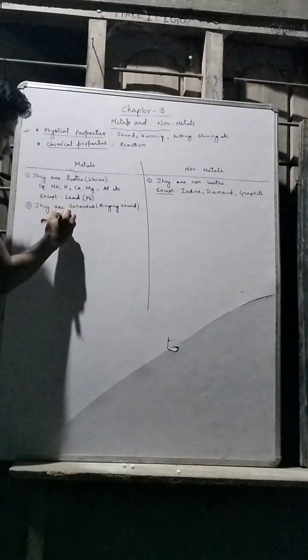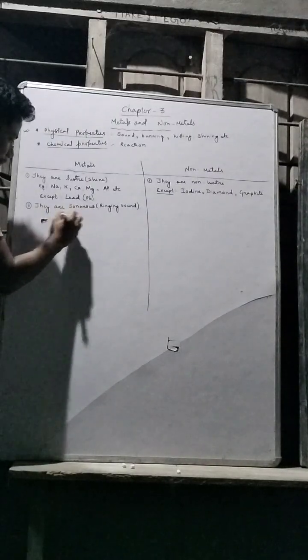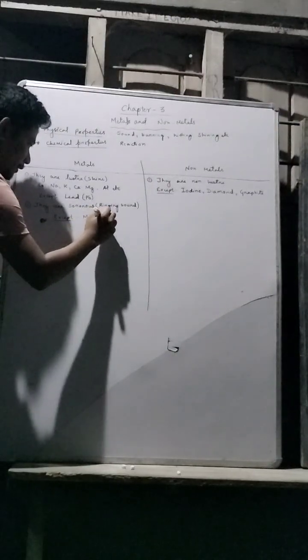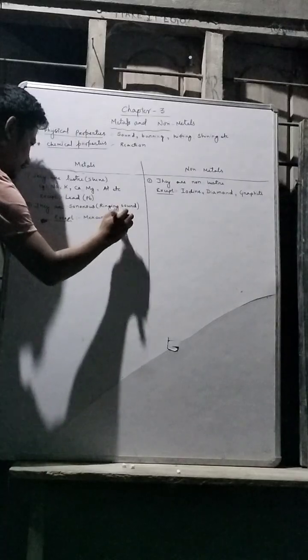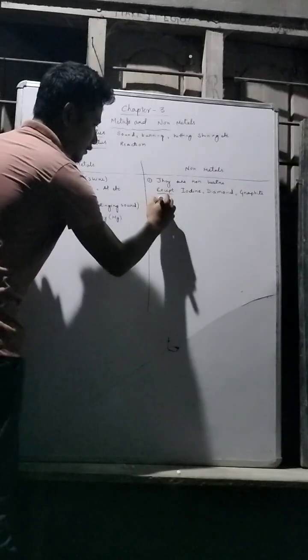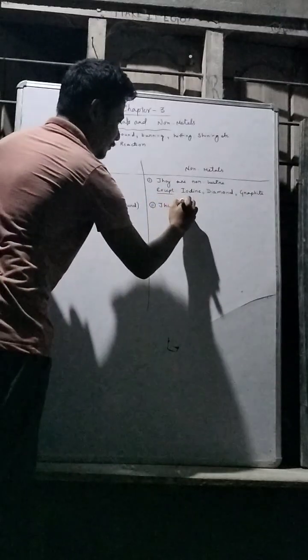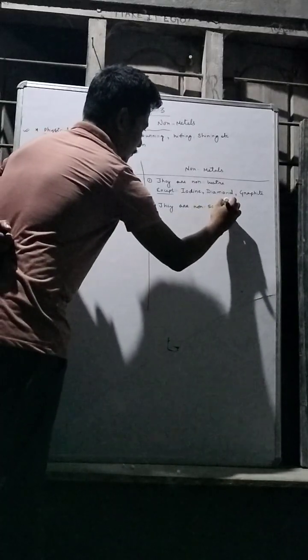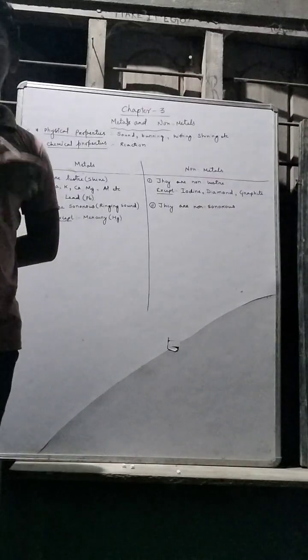So all metals are sonorous, except mercury, the symbol is Hg. While non-metals are non-sonorous. There is no other non-metal which produces ringing sound.